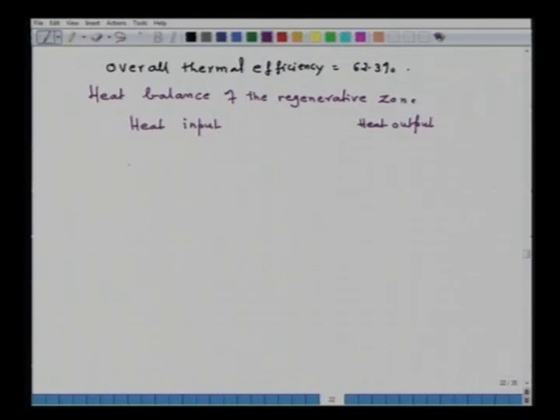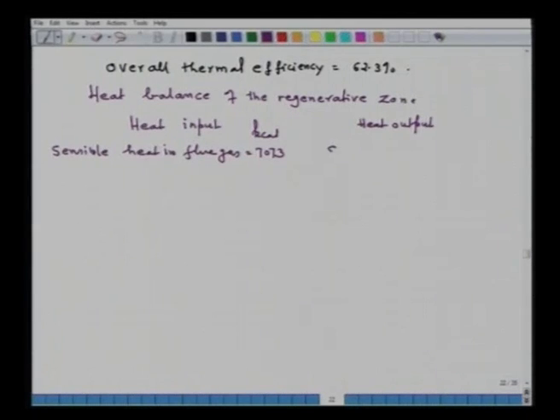Heat input is the sensible heat in flue gas, and that is equal to 7073 kilocalorie.